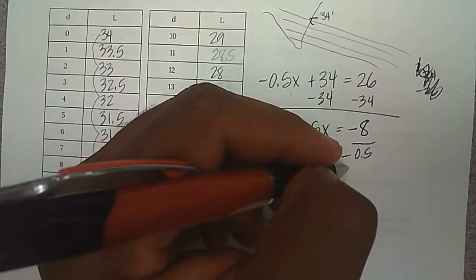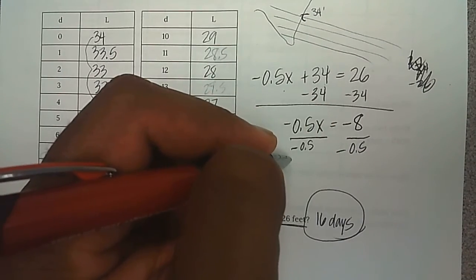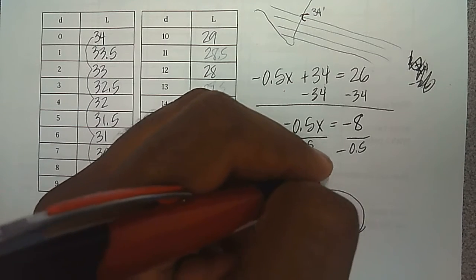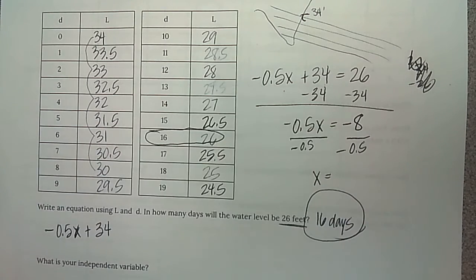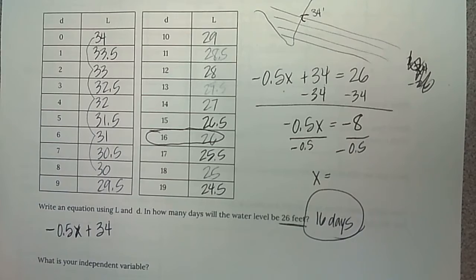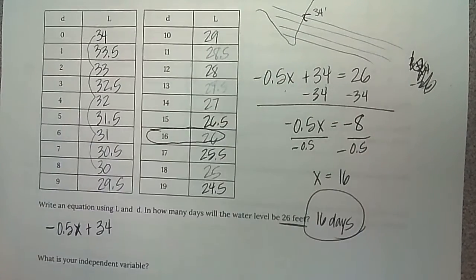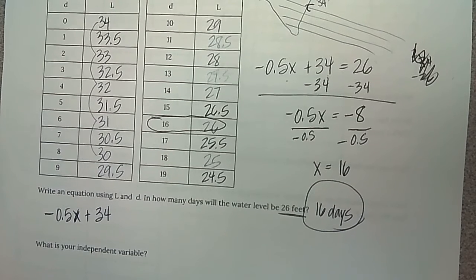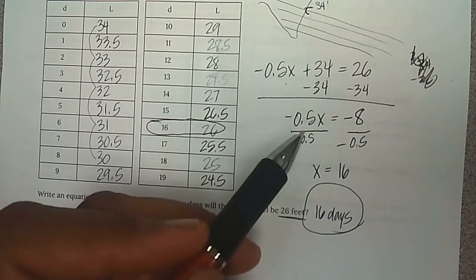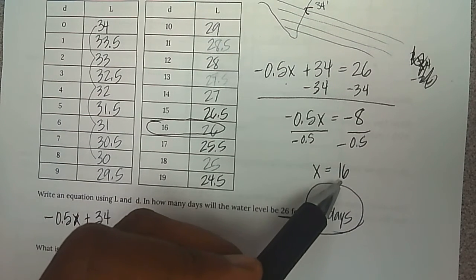Because we're talking about things going down, that makes sense. That this should be, what is that? Divided by, yeah. So that should be 16 days. And this number should be positive because we're talking about days.